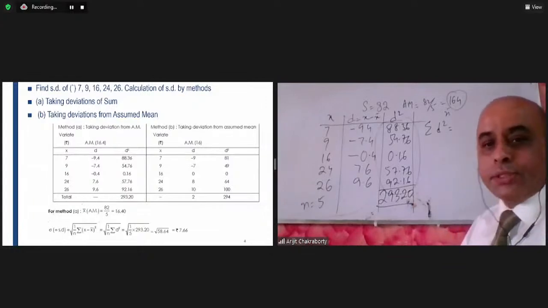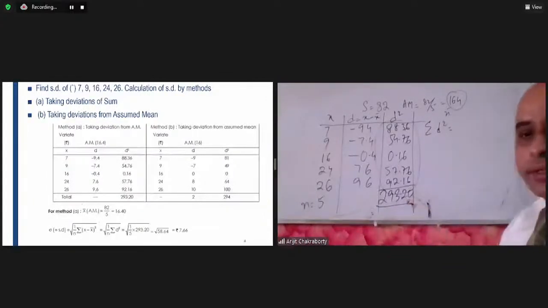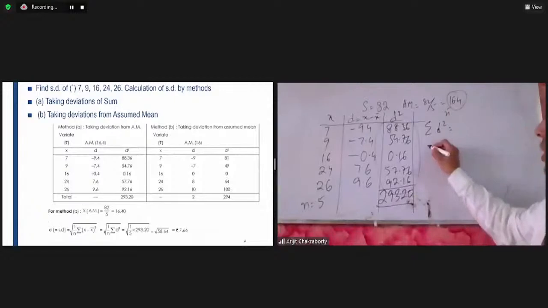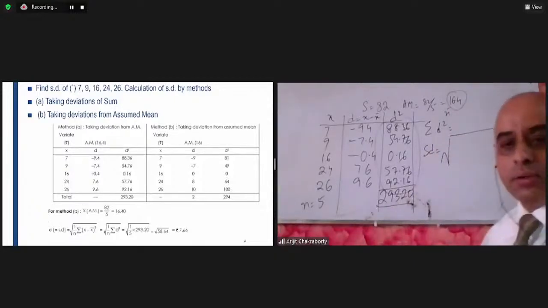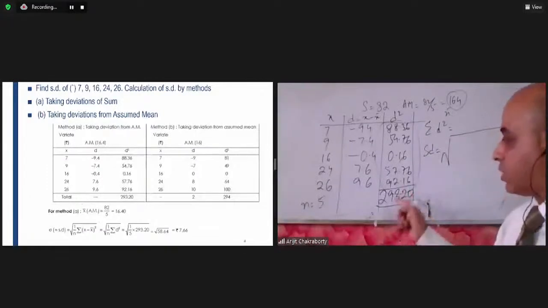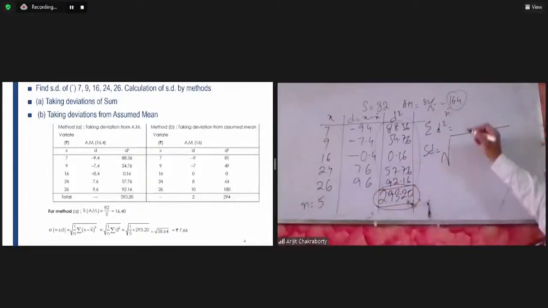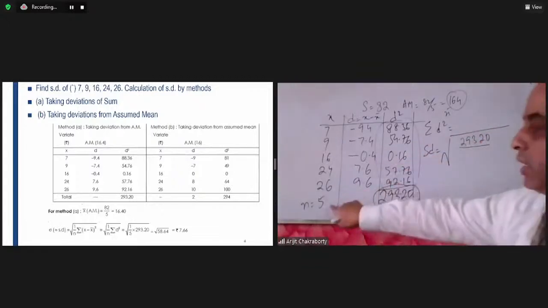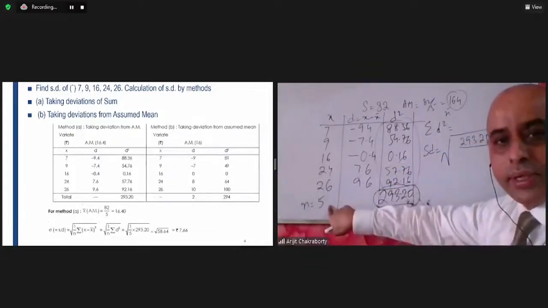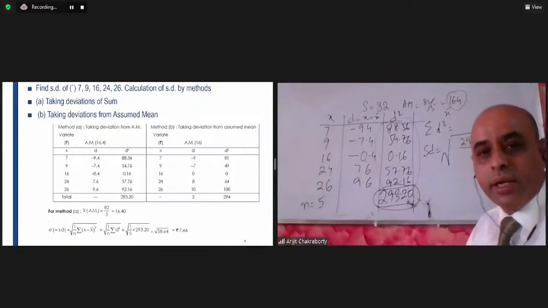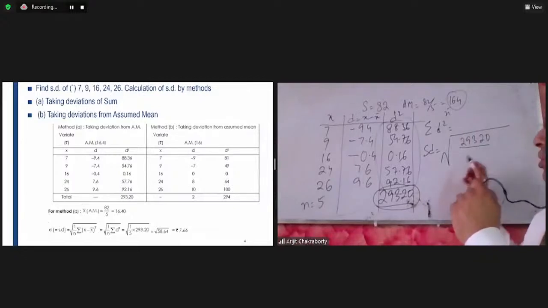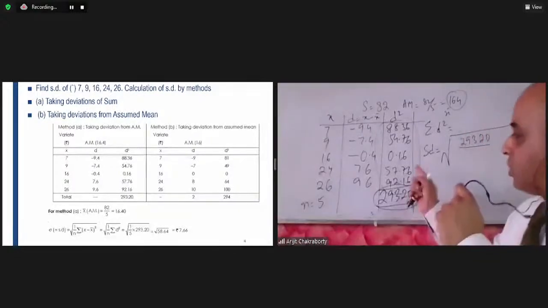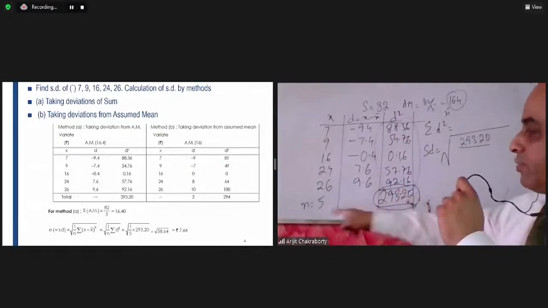Okay. So now the formula is SD is equal to square root of sigma d square divided by n. So 293.20 divided by n equal to 5. Now if you see the lower part of the slide, you can see the calculation as per what we are doing. 293.20 is the total of the squares of the deviations, divided by 5.